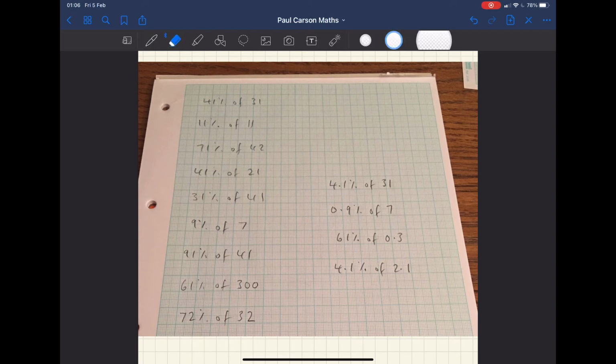So let's begin. 41% of 31, just times 41 by 31.